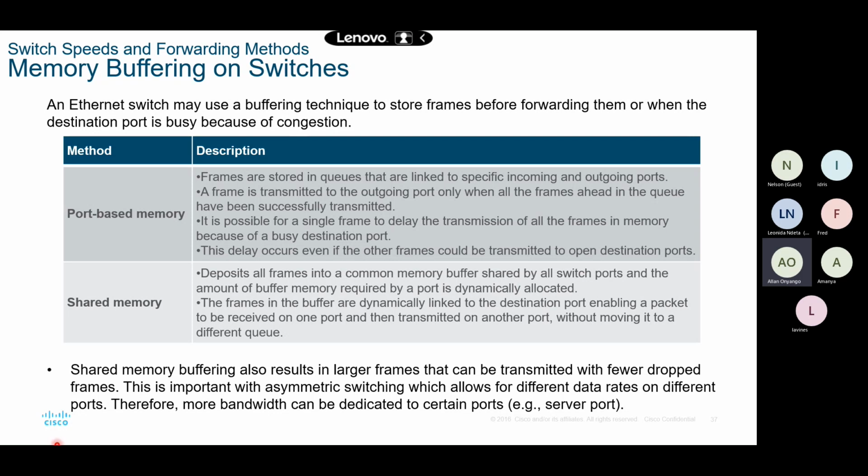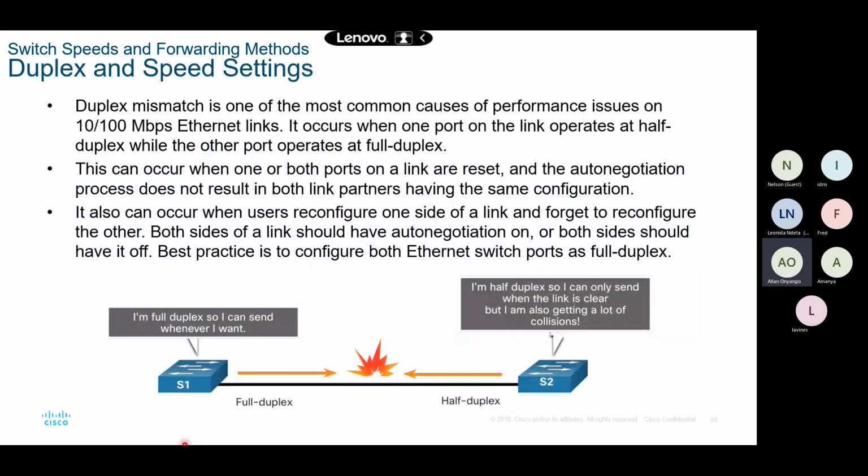Okay, so make sure you buy a switch with a large buffer memory. If the memory is bigger, then it cannot fill up easily, and so it can store more frames as they're coming and as they're being processed moving forward.